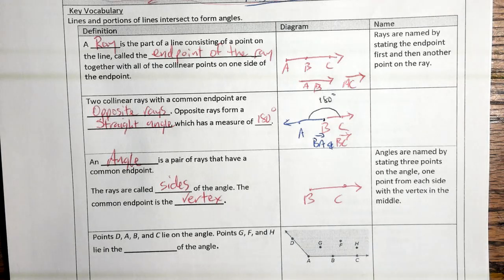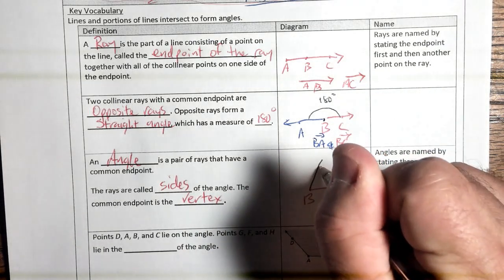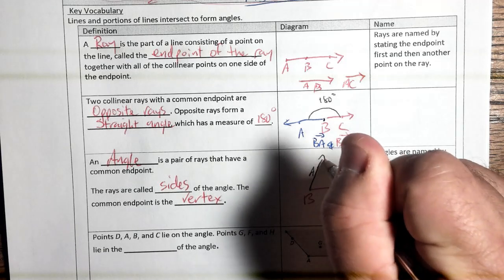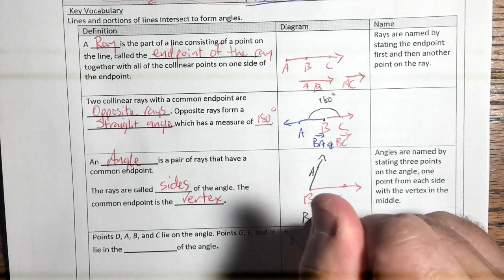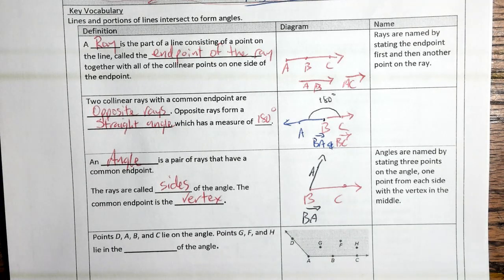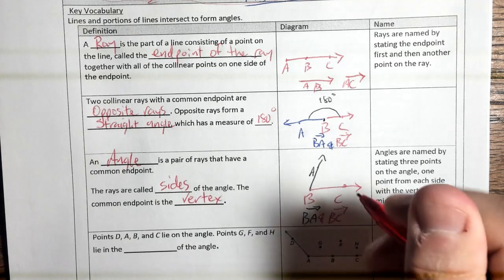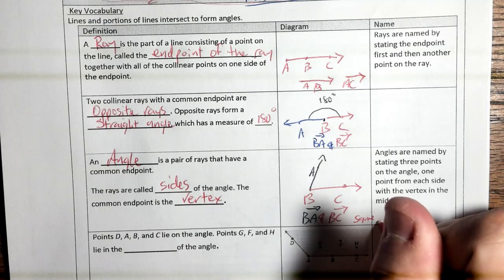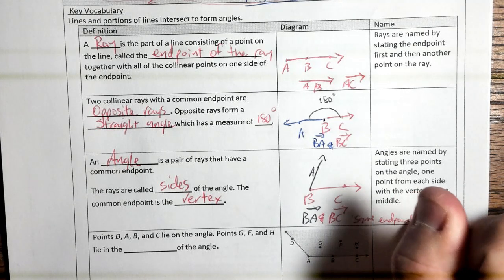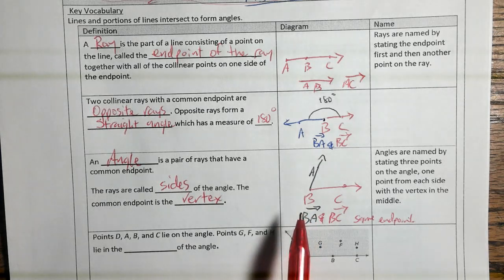Let's say we got a ray BA this way. So we'll notice that BA and BC have the same endpoint, also known as the vertex.